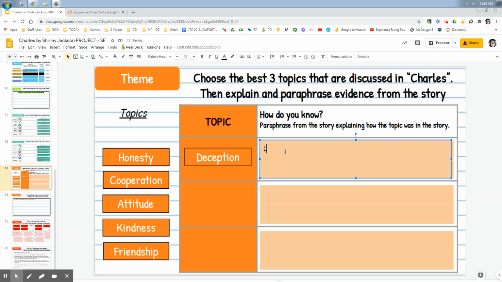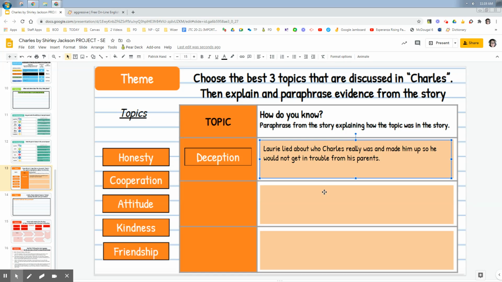Lori lied about who Charles really was and made him up so he would not get in trouble from his parents. I know it's about deception because I just wrote the evidence from the story explaining why it was about deception.